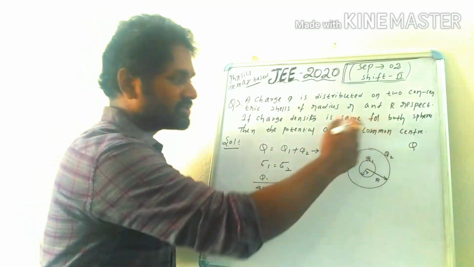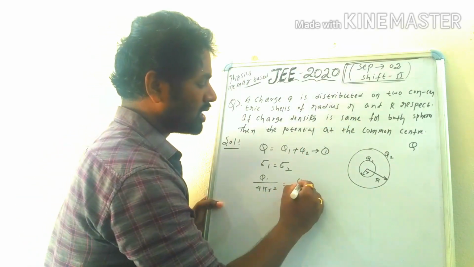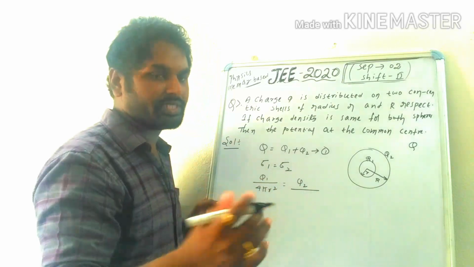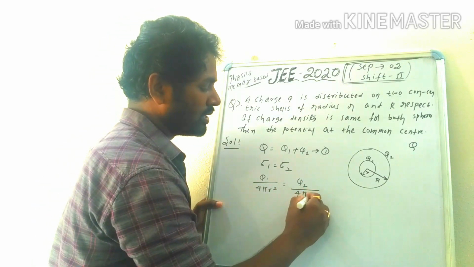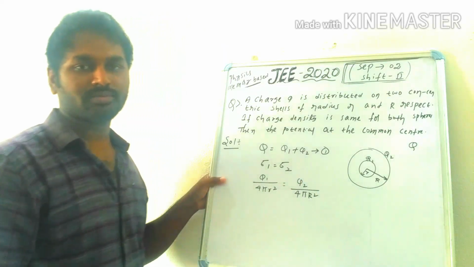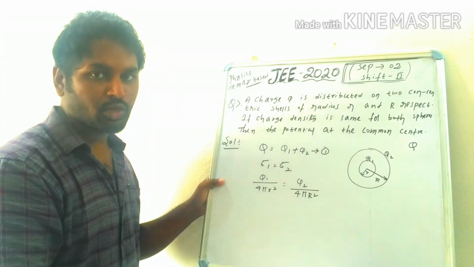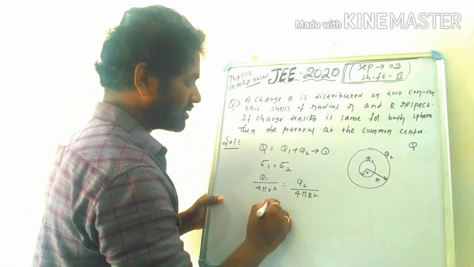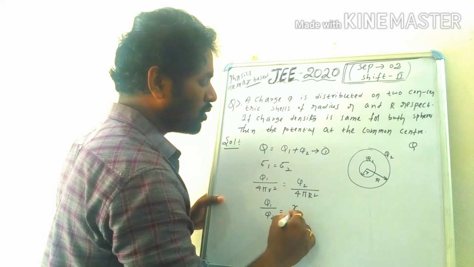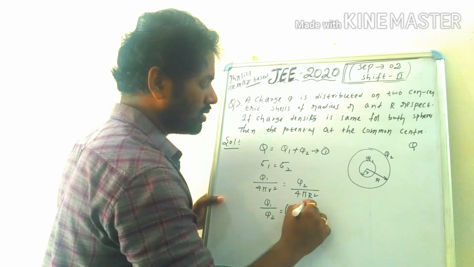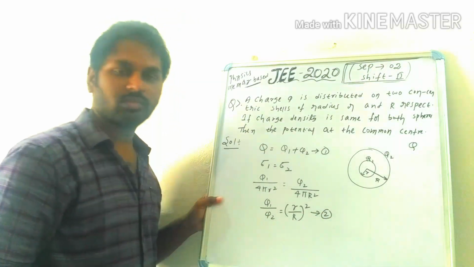Similarly, the surface charge density for the outer sphere is charge per unit area, which is Q2 upon 4 pi capital R square. With this you will get the ratio of the two charges: Q1 by Q2 is equal to small r by capital R whole square. Let it be equation 2.